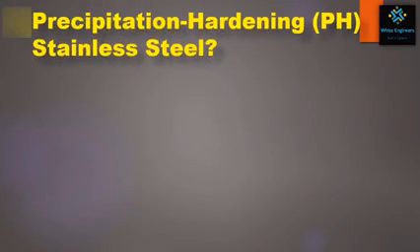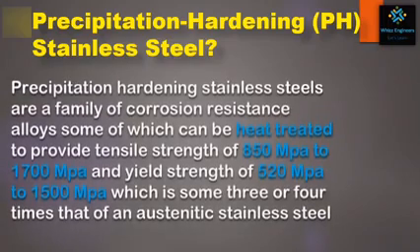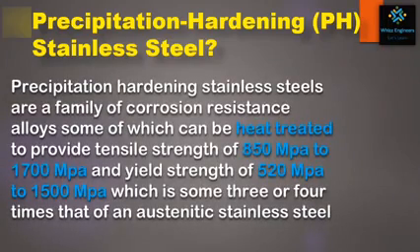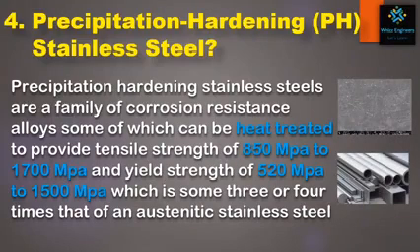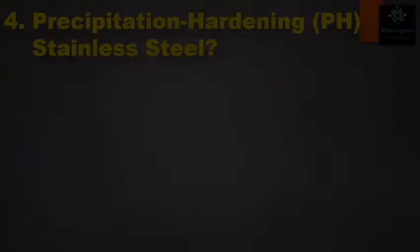Now next is precipitation hardening stainless steel. So precipitation hardening stainless steels are a family of corrosion resistant alloys, some of which can be heat treated to provide a tensile strength of 850 megapascal to 1700 megapascal and a yield strength of 520 megapascal to 1500 megapascal, which is around 3 to 4 times that of the austenitic stainless steels.